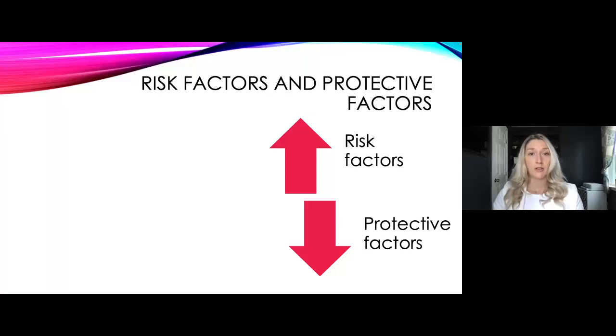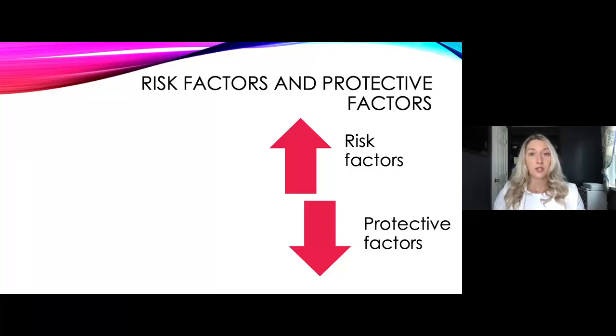Am I overly physical with my child when they're in trouble? Or do I parent effectively and appropriately? Also a lack of parent-child attachment and a lack of a nurturing environment. Maybe the child is inappropriately shy or aggressive in the classroom, or they're failing at school. They may also have affiliations with peers who are displaying deviant behaviors. So these are all things that are going to make one more likely to use drugs. Then we have protective factors.